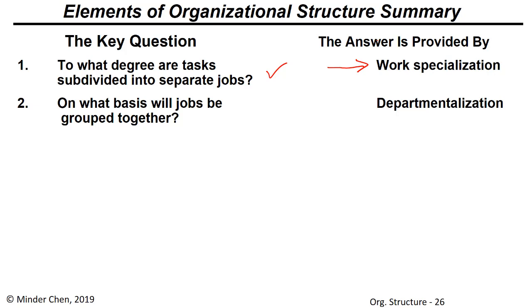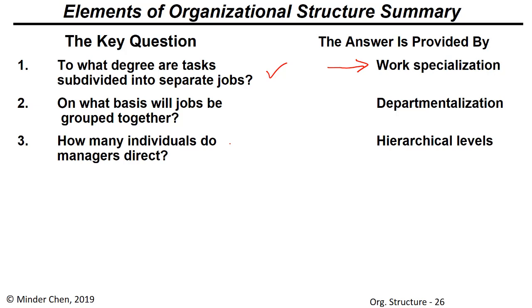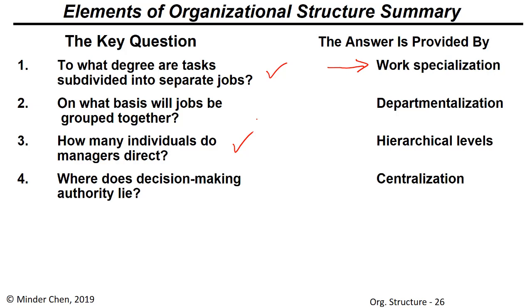This is actually related to work specialization. Next question is, on what basis would jobs be grouped together? This is related to departmentalization. And when you ask how many individuals a manager directs, that's the span of control, which is related to the hierarchical level or hierarchical structure.